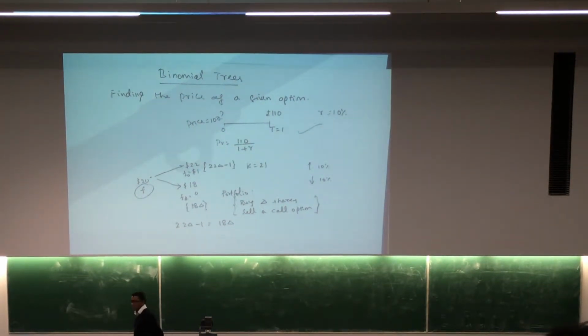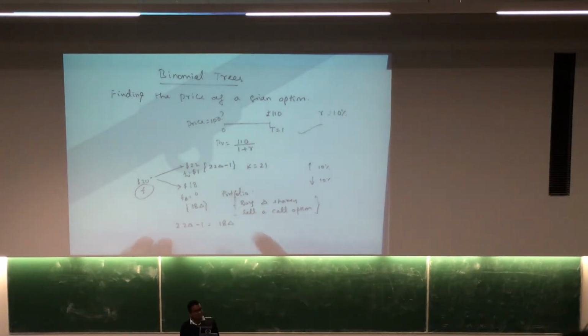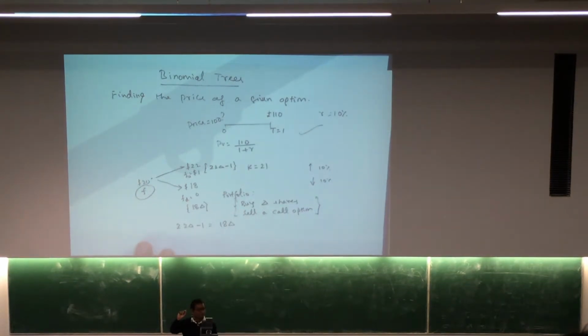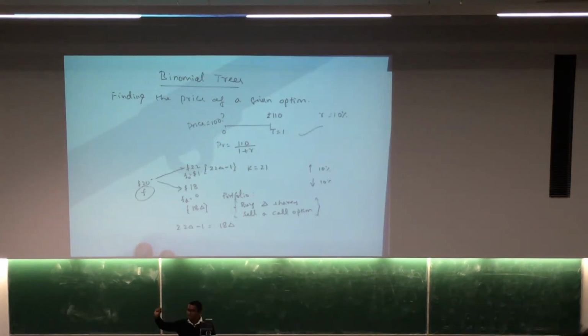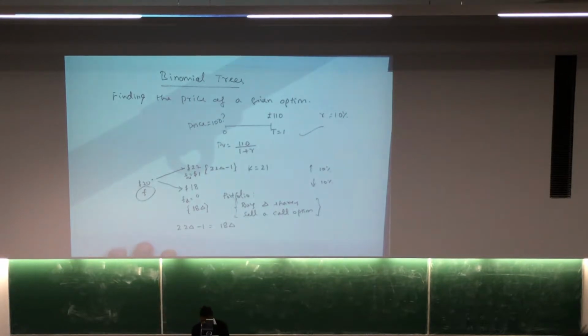If this is the case, what does that mean? There exists a delta, when I hold that many stocks, where my payoff after time period T is going to be the same. Do you agree with that? So let us solve this. This gives 4 delta equals 1, therefore delta equals 0.25.